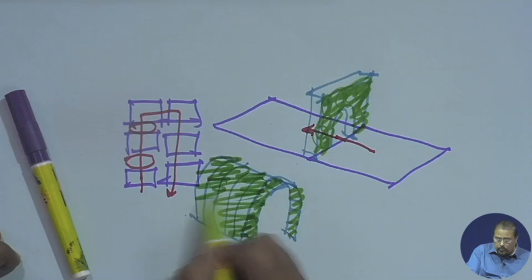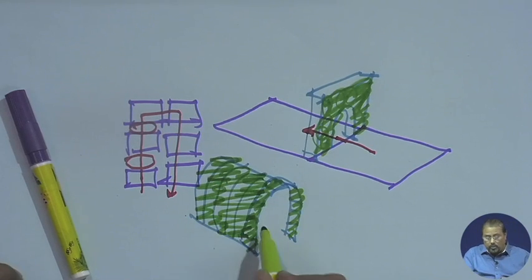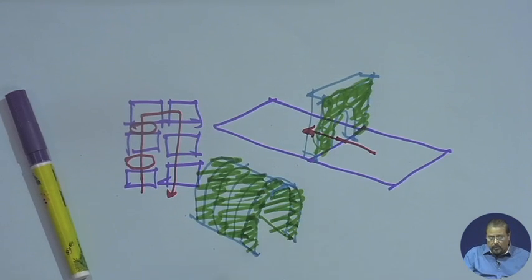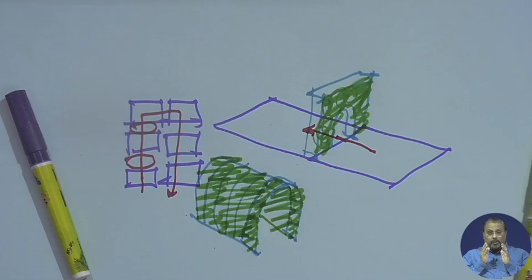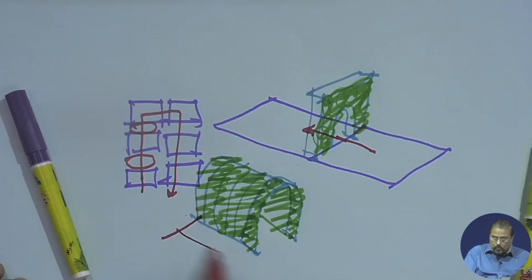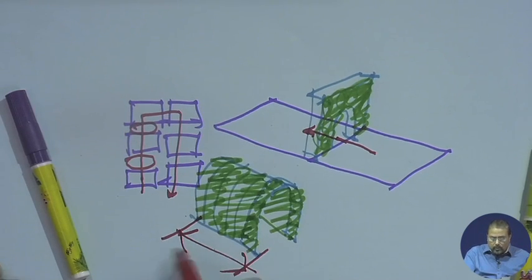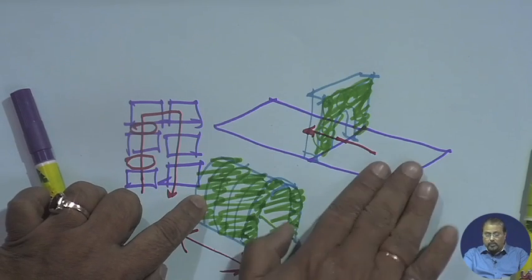I'm trying to draw very fast so that I can do justice with my time. Means you are passing through an arcade which is made of a series of arbors. The depth that is given here is so much. So the point is, the transition is basically referring to this zone from one space to the next space.